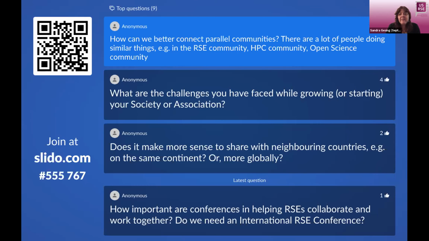But I think the bigger challenge is to reach the communities who are not naturally connected with us, but which would be important to reach, like the domain researchers who do an RSE job, or the postdocs, who don't know that we exist.